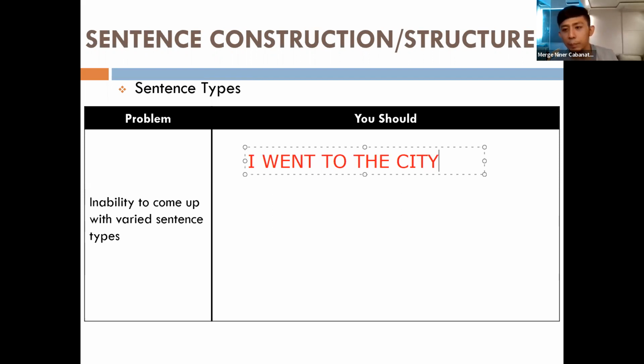Okay. LP, pakisabi nga sa akin kung yung sentence po na "I went to the city" ay simple, compound, complex, or compound complex. Ito po ang pamimilian, ha?